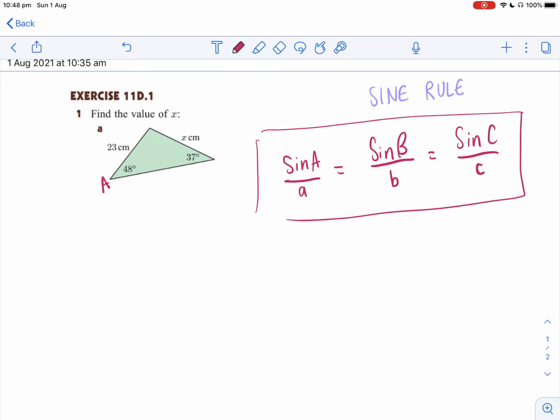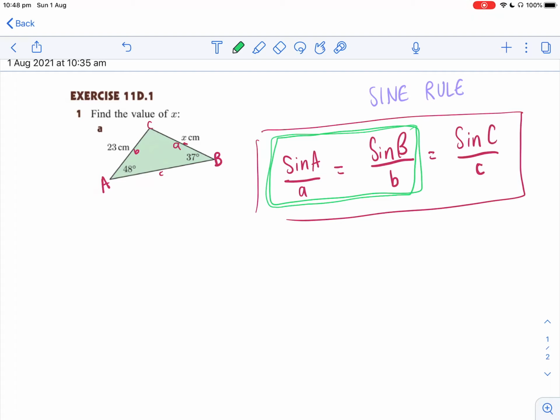So this is side A, I'm going to call this one A, this is side B, and this is C. So I'm trying to find lowercase a or x, and I know B. So I'm going to be using only these two parts of the rule.